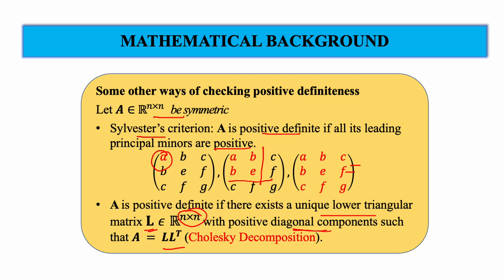This decomposition of matrix A into L L transpose is called Cholesky decomposition. It is a very useful concept, especially while solving systems of equations. So remember that L is a unique lower triangular matrix with positive diagonal components if A is decomposed as L into L transpose.